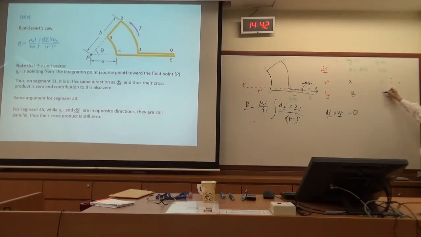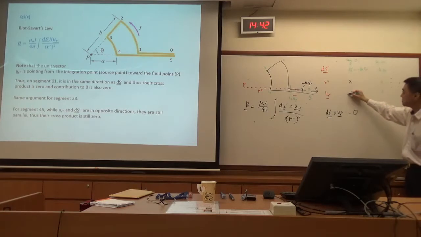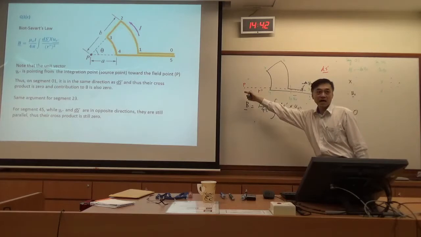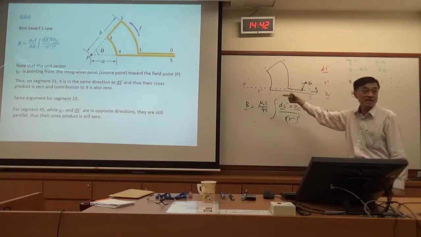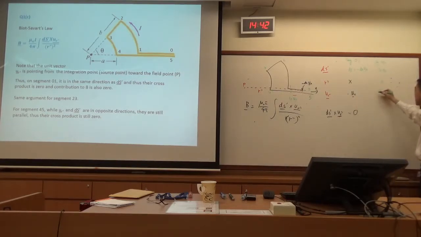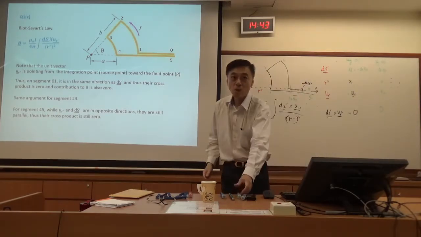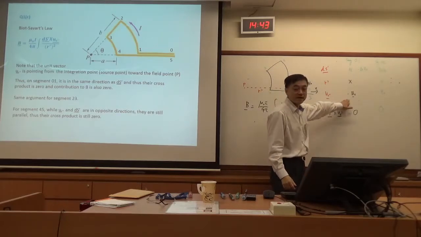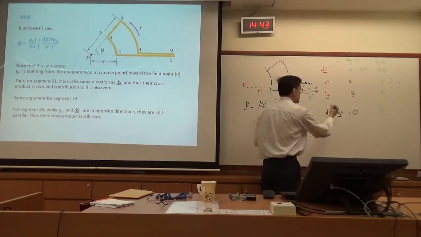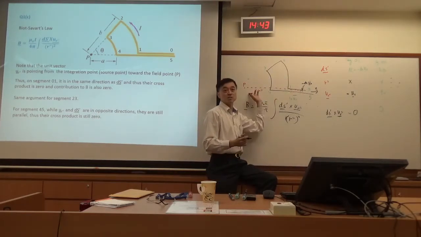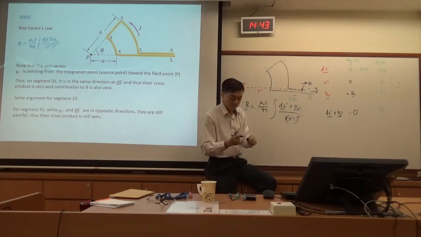I beg your pardon, ur double prime is minus ux, because this distance is r, and when you're pointing inwards it is minus ux. So the cross product is still equal to 0. Why is it minus ux? Because it is pointing from here towards P.